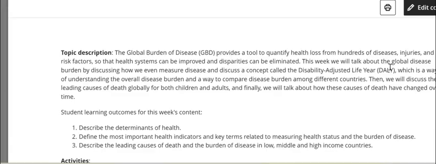And we're also going to discuss the leading causes of death globally, and again, globally in different countries for both children and adults. And then we'll talk about how these causes of death have really changed over time.